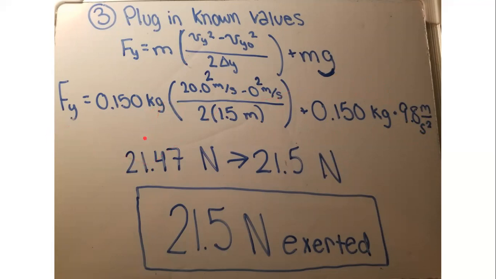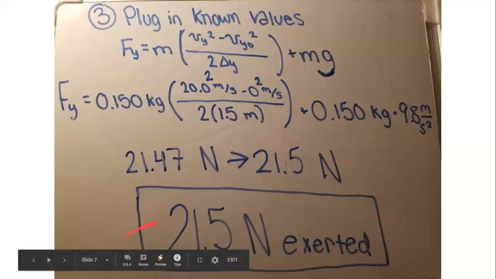You plug that into your calculator, you should get 21.47 newtons, but because of sig figs and the values you've been given, we're going to round that up to 21.5 newtons. So the pitcher exerted 21.5 newtons on the ball to get it to that upward speed.